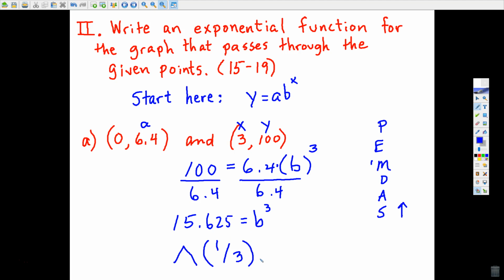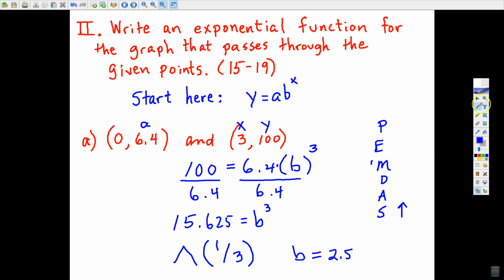Raising something to the 1/3 is the same thing as doing the cube root. We found B. So raise your hand if you got 2.5.